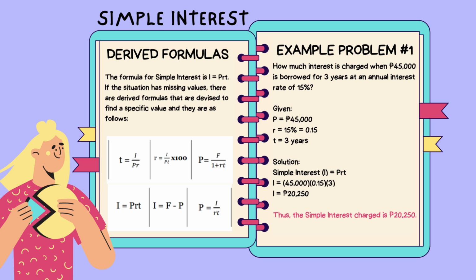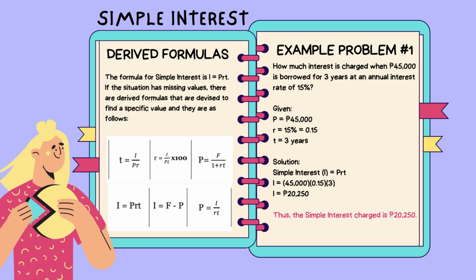Now, we are going to solve some examples. Example problem number 1. How much interest is charged when 45,000 pesos is borrowed for 3 years at an annual interest rate of 15%? Given that the principal amount is 45,000 pesos, the rate of the interest is 15%, and the time is 3 years.